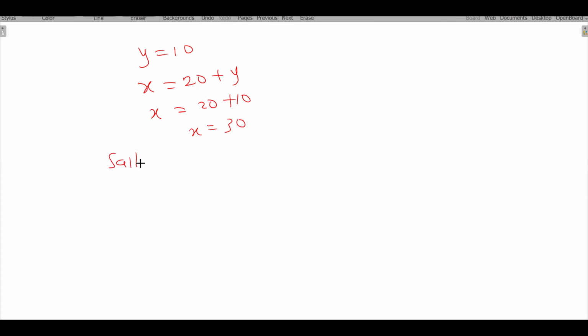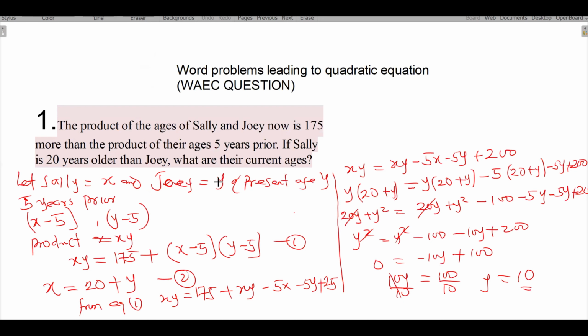That means Sally equals 30, Joel equals 10 years. And if you check through the equation, is it true that the product of their ages is 175 more than the product 5 years ago?